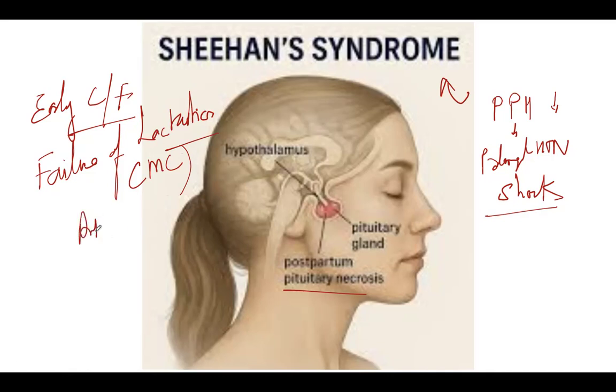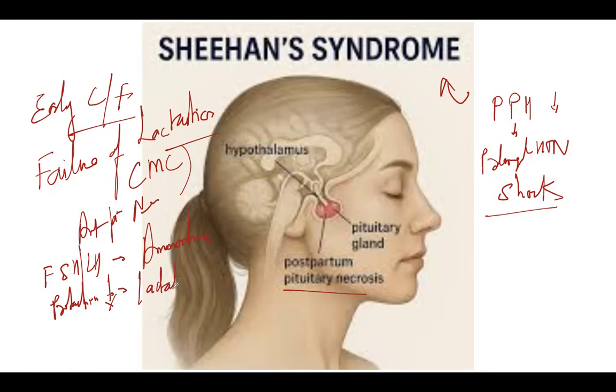Now the anterior pituitary gland becomes necrosed. So there is a decrease in FSH and LH levels, which means there is amenorrhea. Prolactin level decreases. We know that the anterior pituitary gland secretes the prolactin hormone, so with a decrease in prolactin, there will be no lactation.